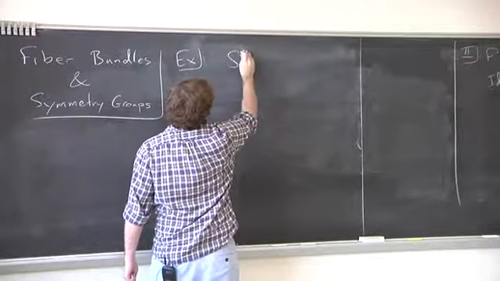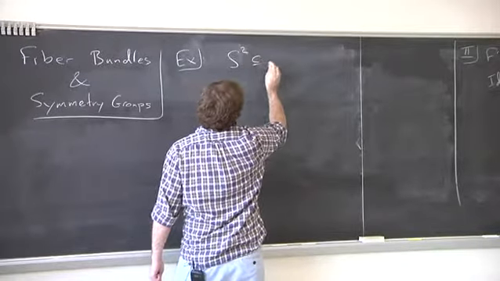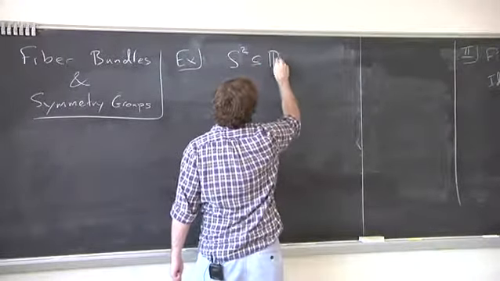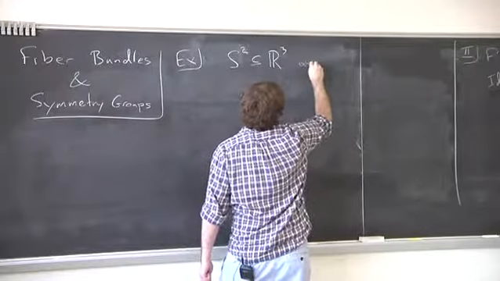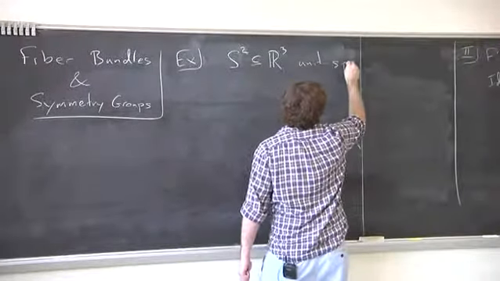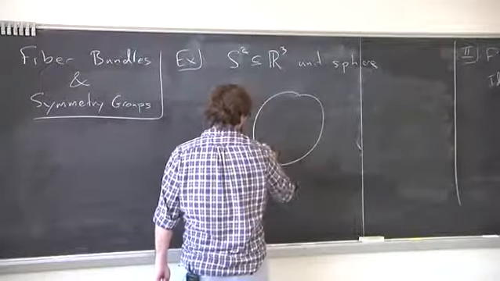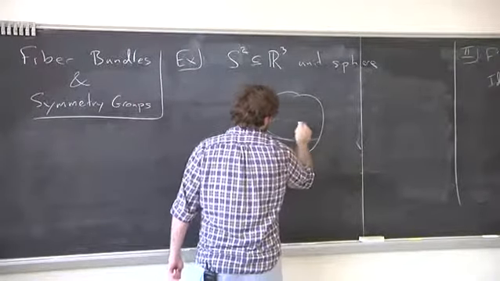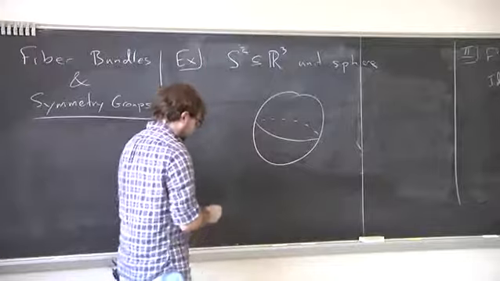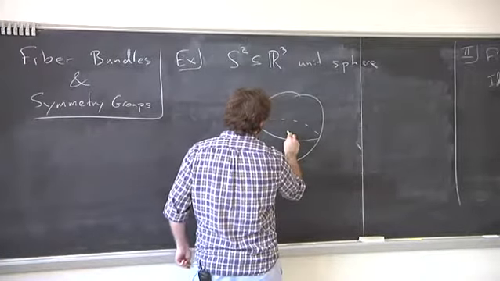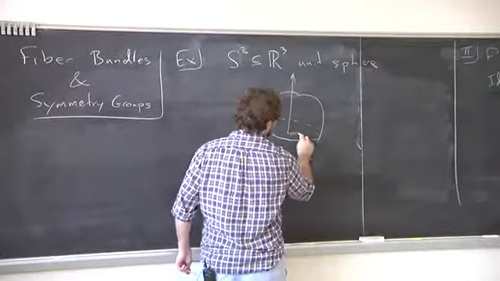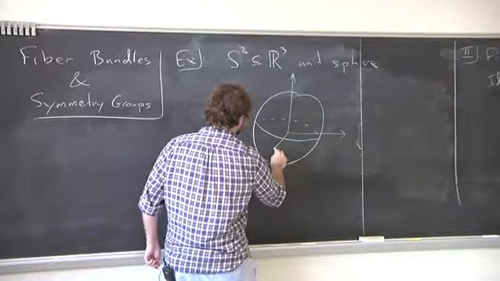So think about S2 sitting inside of R3, just the unit sphere. Okay. This guy looks something like this. Okay. And I have some coordinate axes like that, like that, like that.